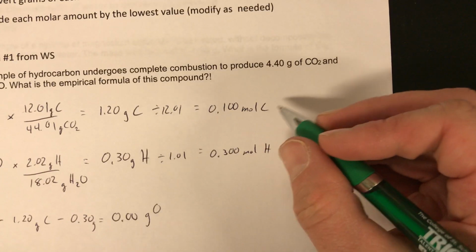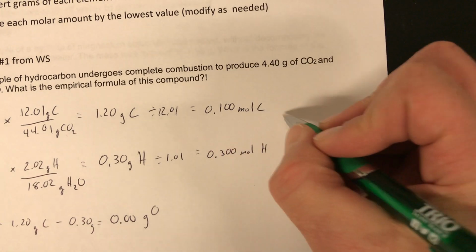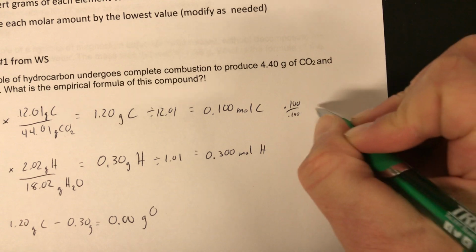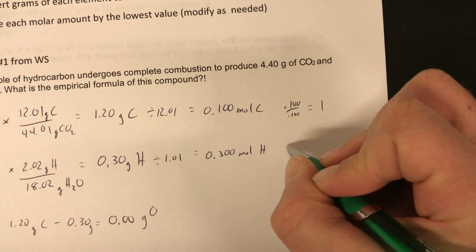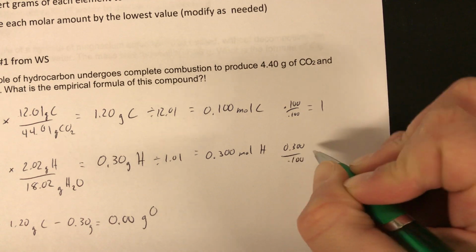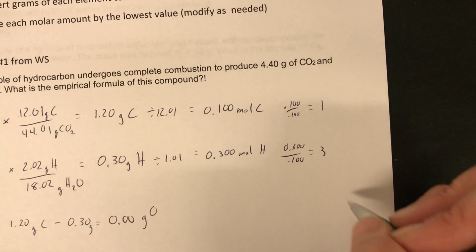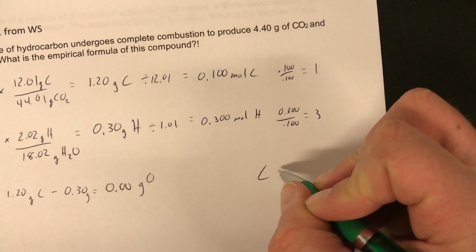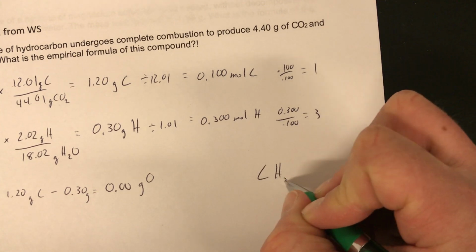And then you divide by the least amount. So 0.10 divided by 0.100. And you can probably see already what this is going to be. So it's a 1:3 ratio. So the empirical formula here is going to be CH3.